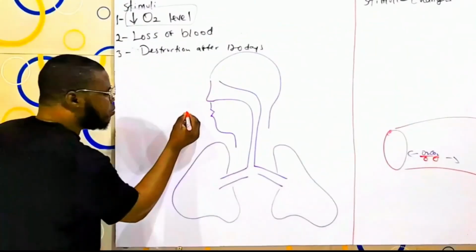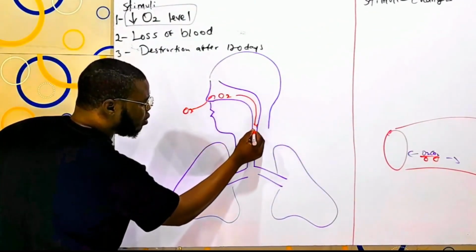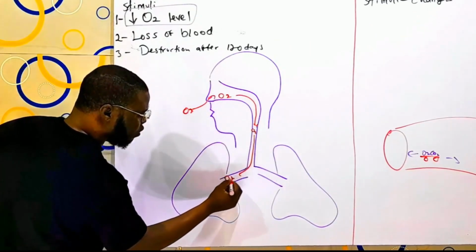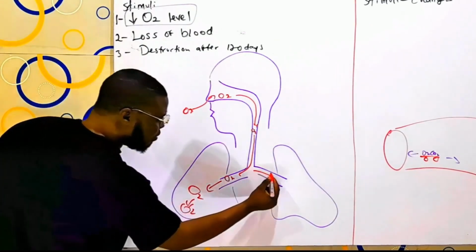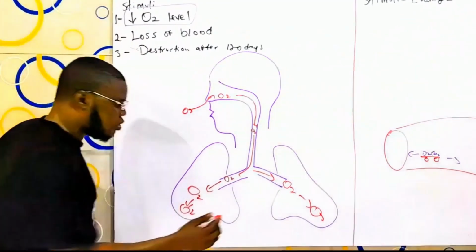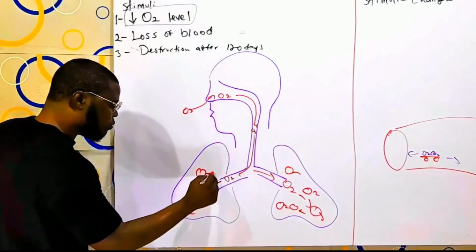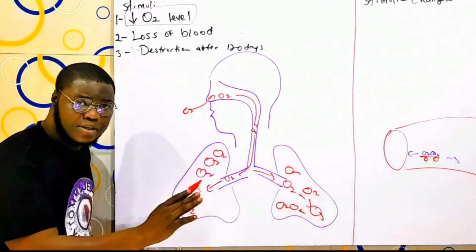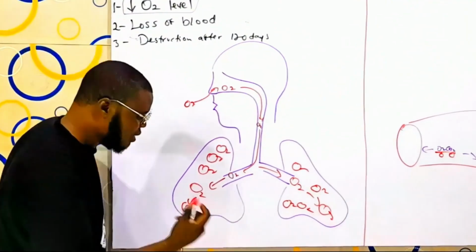Normally this person should breathe in oxygen and take the oxygen down this way. The oxygen comes straight up into the lungs. Same thing is occurring here. Before you know it, we have lots and lots of oxygen molecules inside the lungs.